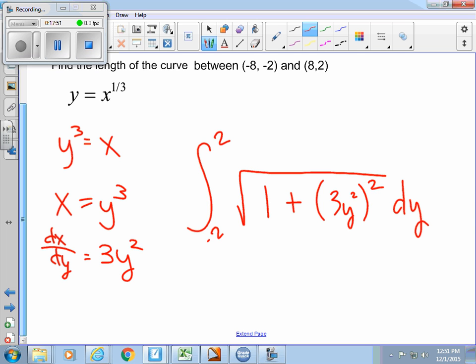Find that integral for me in your calculator. We did the last one by hand. We'll just use our handy dandy calculator. Why is this integral slightly more complicated than the last one? Maybe more than slightly. Why is this one tougher? What did we do on the last one?